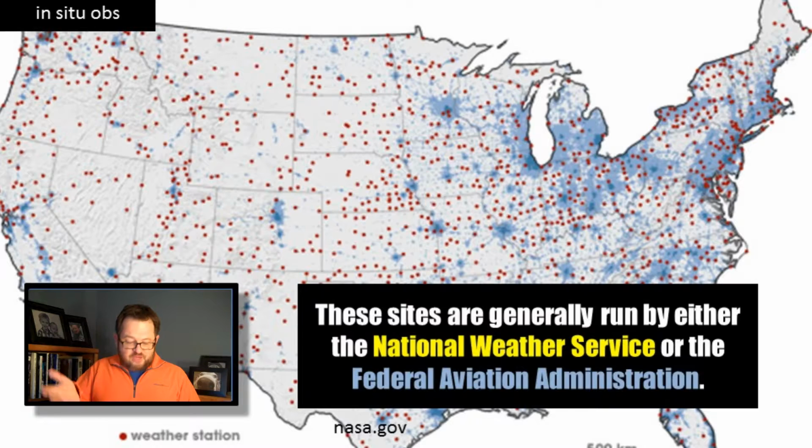These sites are run by either the NWS or by the FAA. They are typically, although not always, unmanned. Some weather stations are co-located with a regional National Weather Service office, and there are in fact forecasters and met techs, meteorological technicians, and interns who are working there and monitoring the equipment.